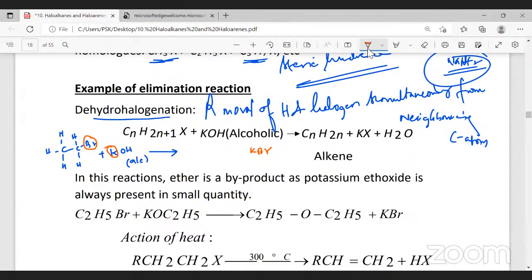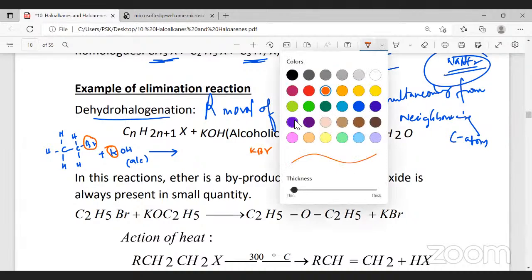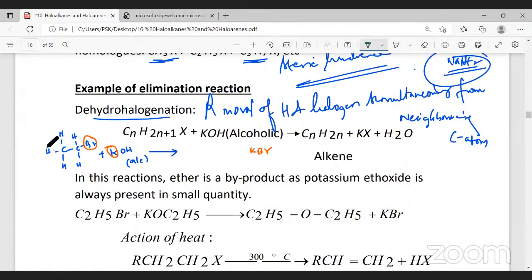Since K and Br get eliminated as KBr, we cannot eliminate hydrogen from the same carbon atom because bromine is eliminated. So the neighboring carbon atom, this hydrogen and this OH, gets eliminated as water.